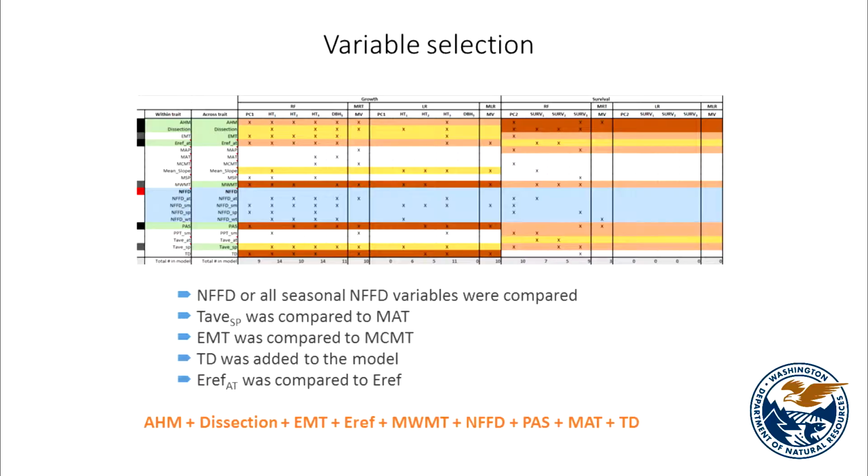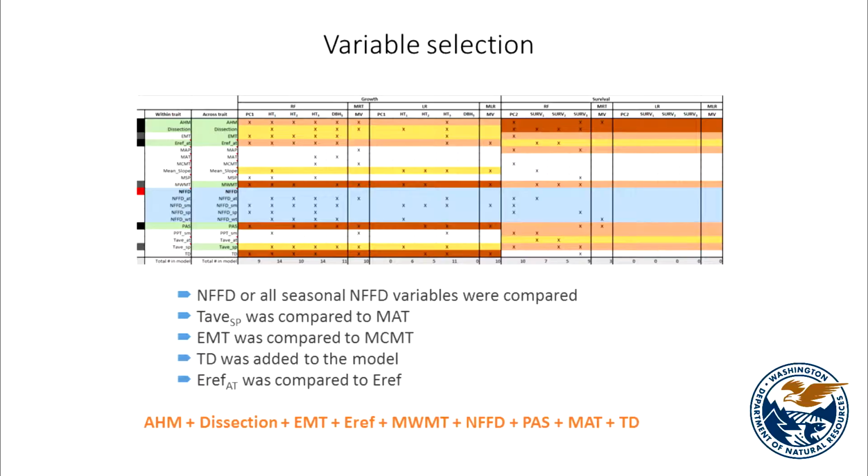Was the average spring temperature comparable to the mean annual temperature? Was it better to use extreme minimum temperature or mean cold month temperature? Was it better to use continentality or temperature differential in the model, or to just leave it out? And then finally, was it better to use the seasonal and evaporative reference or just the annual evaporative reference?